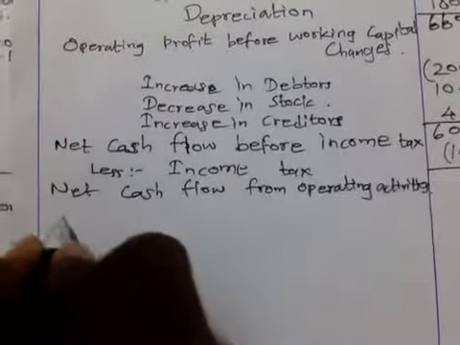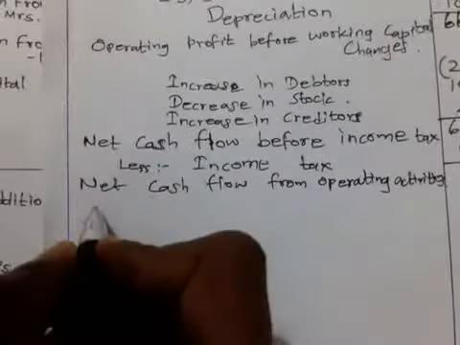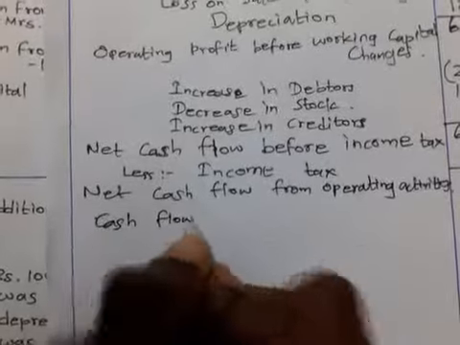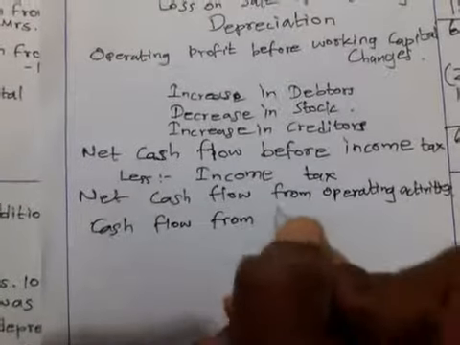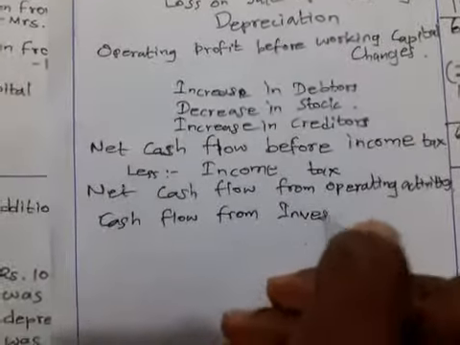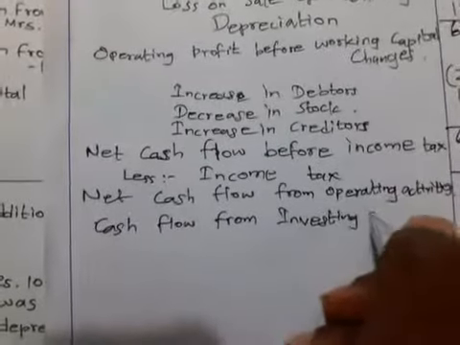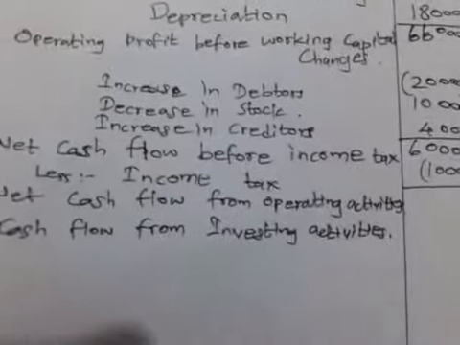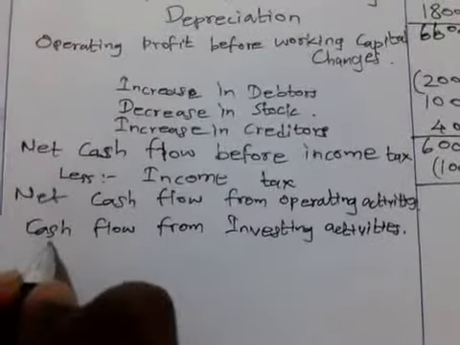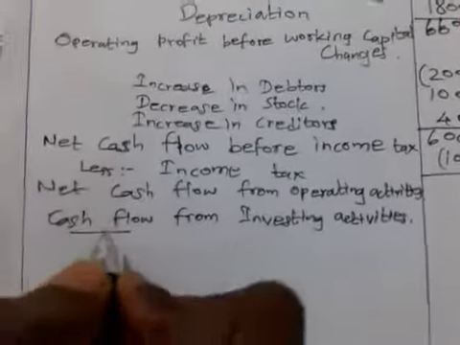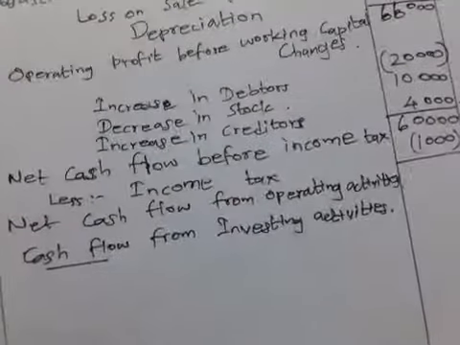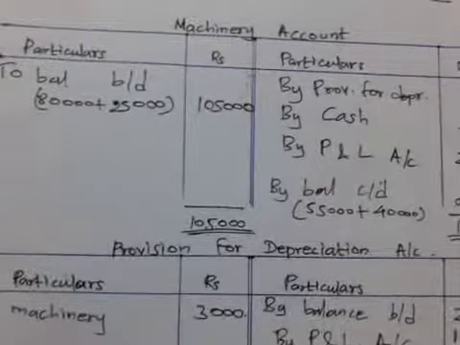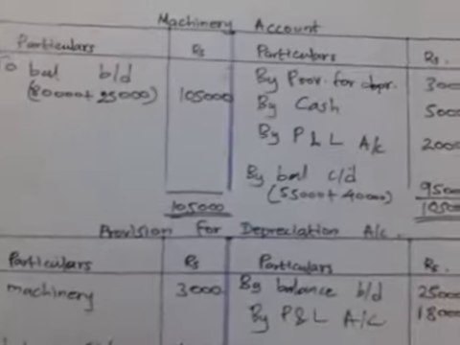Next one is cash flow from investing activities. In this category, first whatever adjustment we have done, we have to see if there is anything to record in these investing activities.